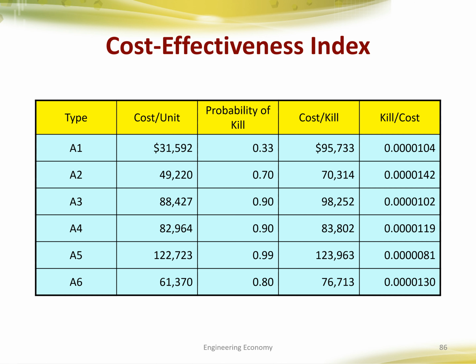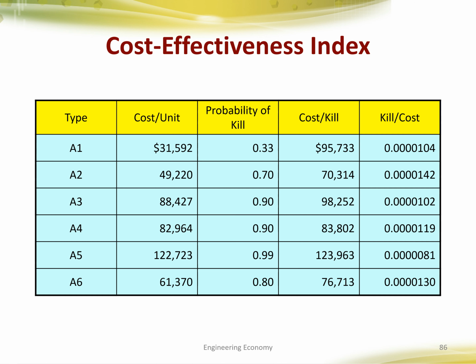Then we also compute the cost effectiveness. Here the cost is the cost of the product. The effectiveness is the possibility of kill. That's the goal of this weapon. We want to make sure that the money that we spend gives the highest probability of kill.